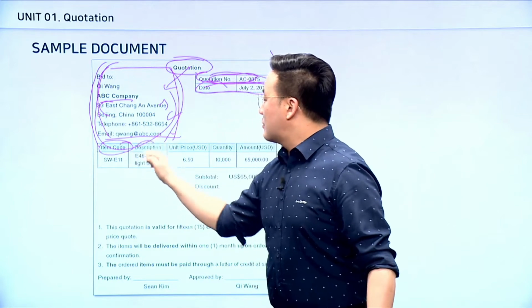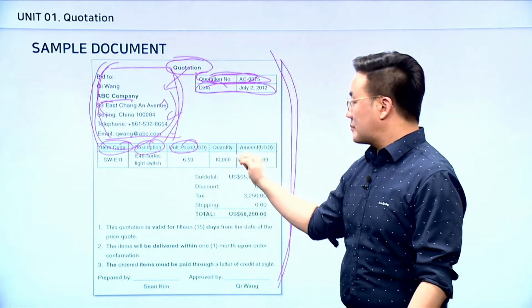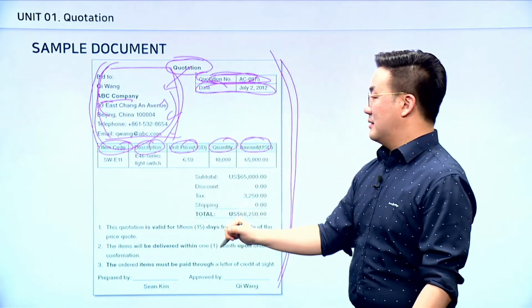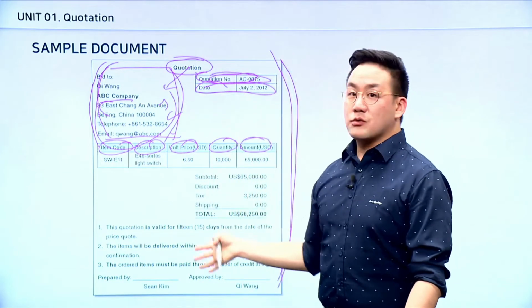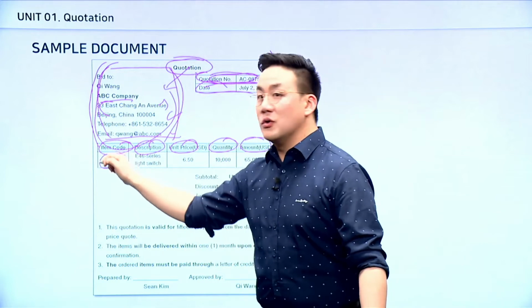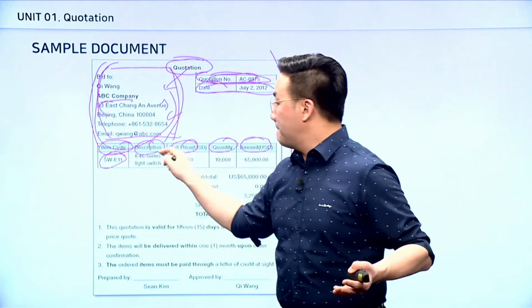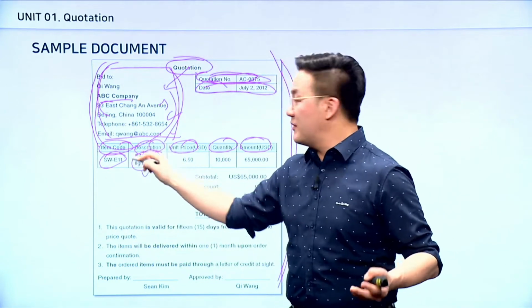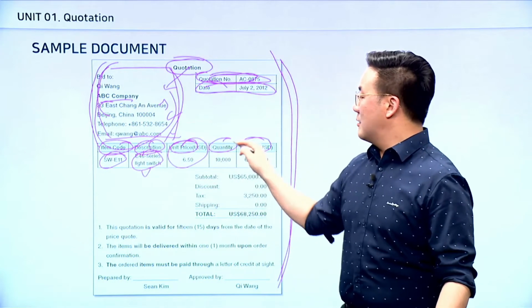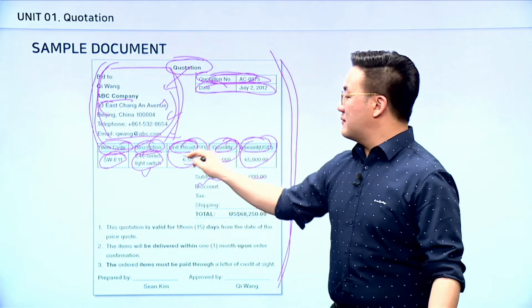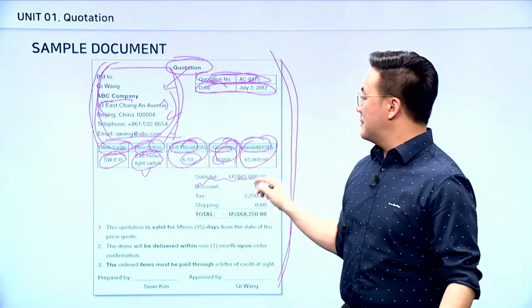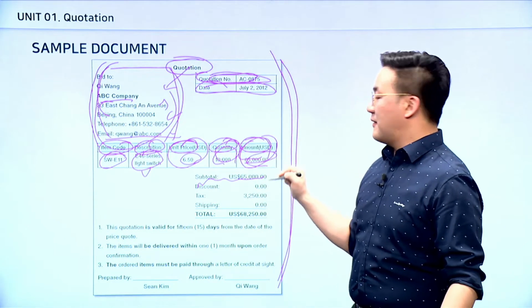Item code, description, unit price, quantity, amount, right? So the provider of this quotation should have some item code there, right? Which item, and then the description of the item, unit price, quantity, amount, right? Subtotal means there's a 650 each, 10,000 of them, so the amount is 65,000.